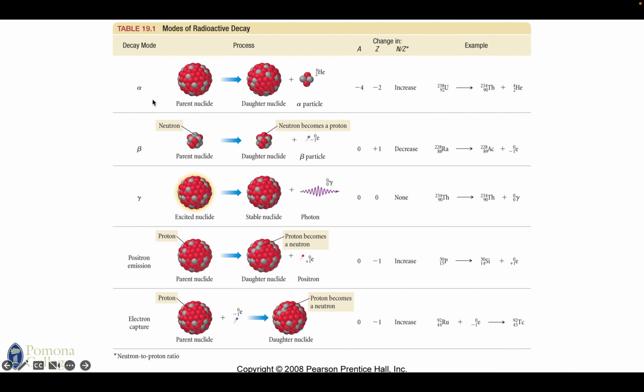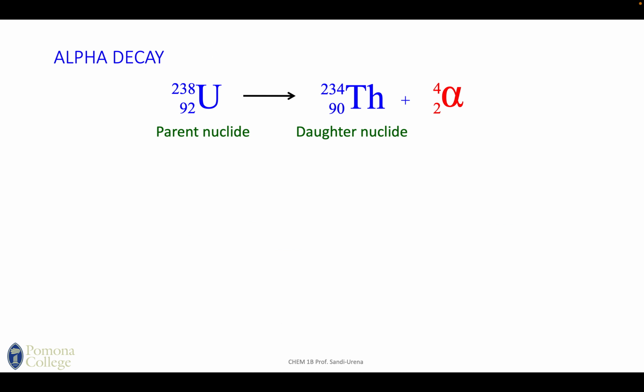The alpha decay would be the emission of an alpha particle, which we already defined as a helium-4 nucleus. Let's look at the following slide because it's a little bit larger. Let's say we run this reaction.